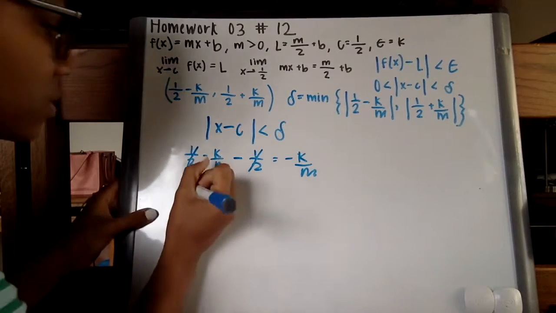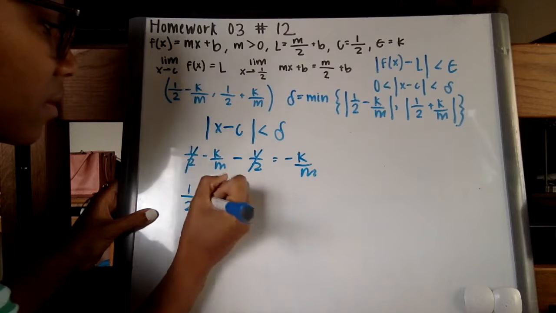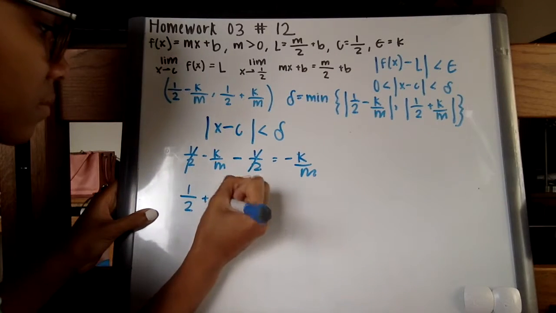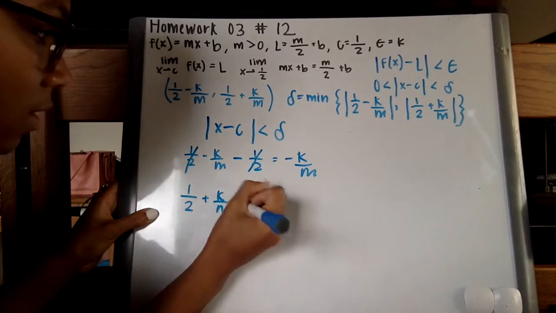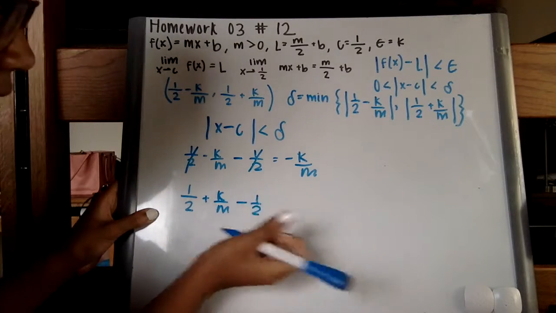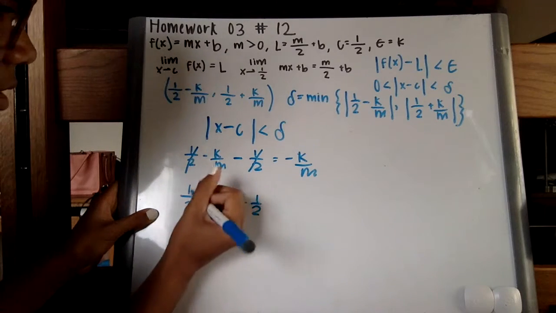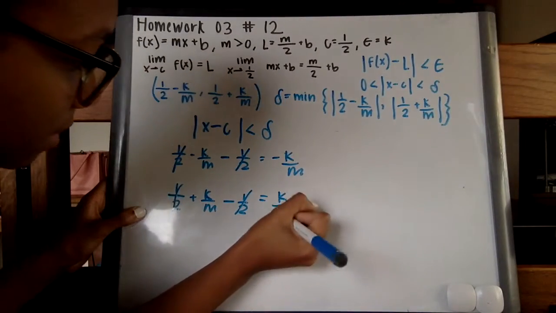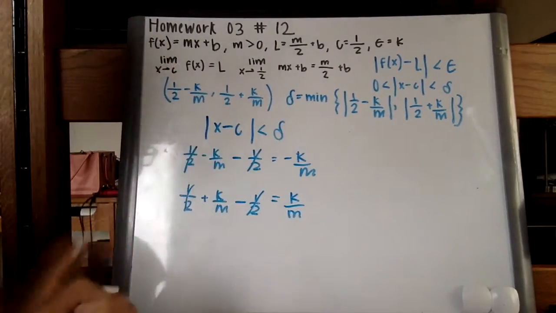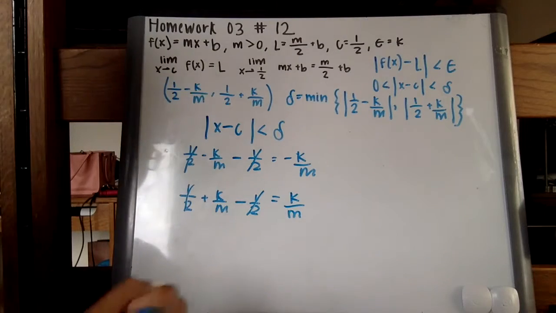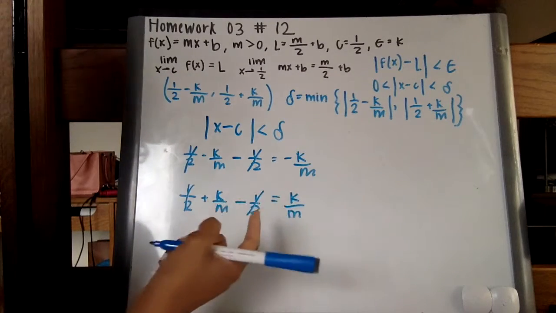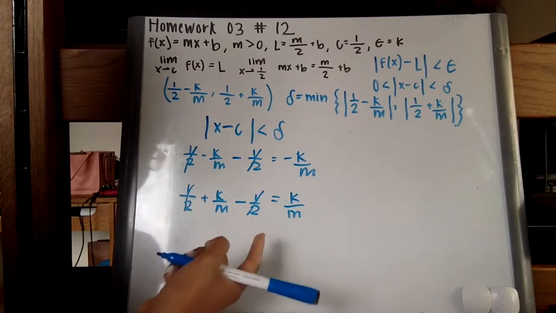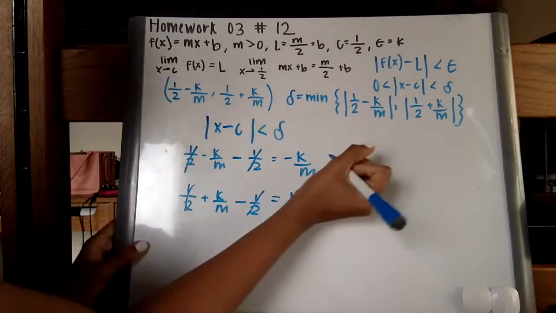Our other one is 1/2 plus k over m, minus 1/2. Once again this cancels out, but we're left with positive k over m this time. Because delta is a minimum, it's whichever is smaller, negative k over m or positive k over m, and it's going to be this one.